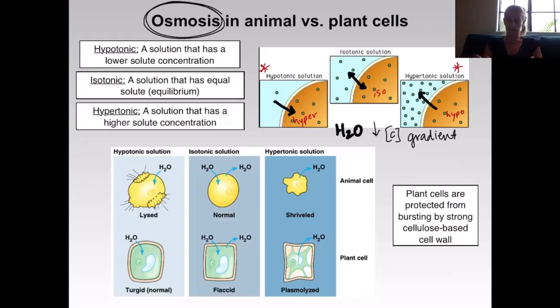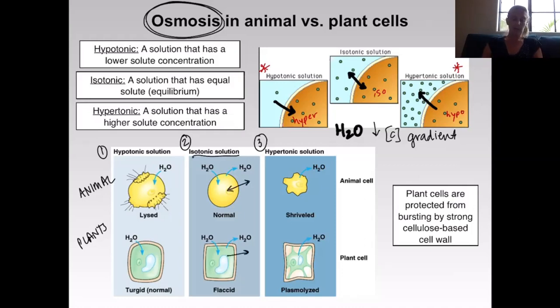All right, let's talk about plant cells. So for plant cells, we have those three scenarios again, a hypotonic, an isotonic, and a hypertonic solution. Let's talk about animals first. So here's animals on top, plants on the bottom. Recap, isotonic solutions. Plant cell or animal cells, equal diffusion of water in both directions.